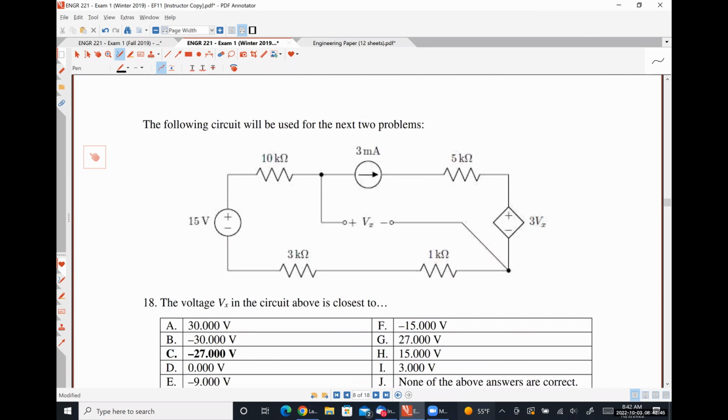All right, so this is a single loop circuit, and we know what the current flowing through the loop is.